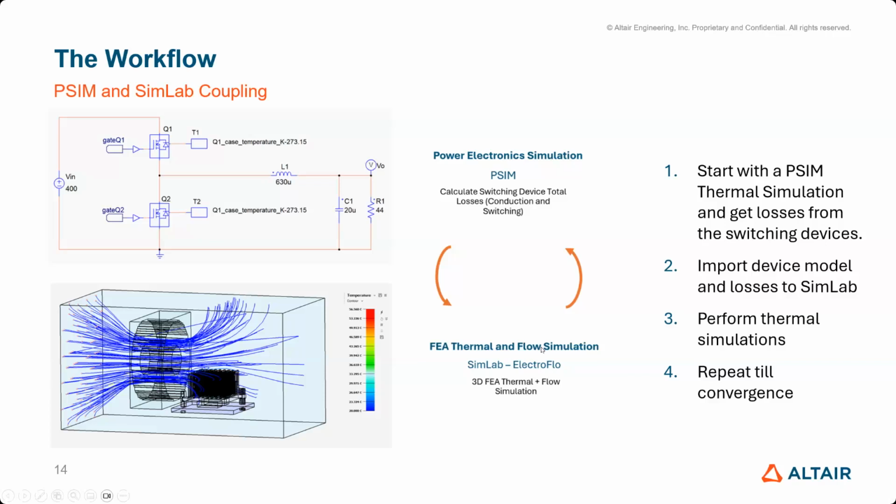And that case temperature is, of course, different than the initial condition we had at the beginning. And whenever we change this initial temperature with the one we got from SimLab, we're going to get a different operating point for the transistors. And this will happen, and we'll keep doing these types of simulations till we converge to a certain value.